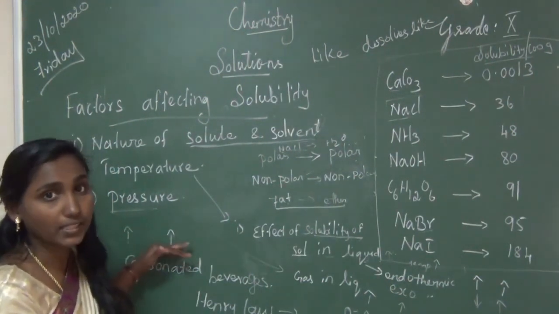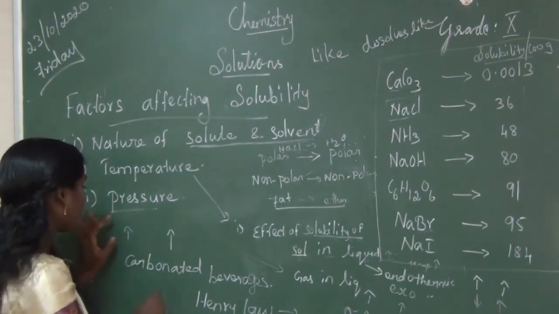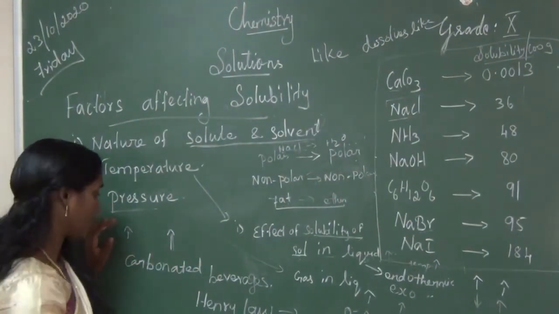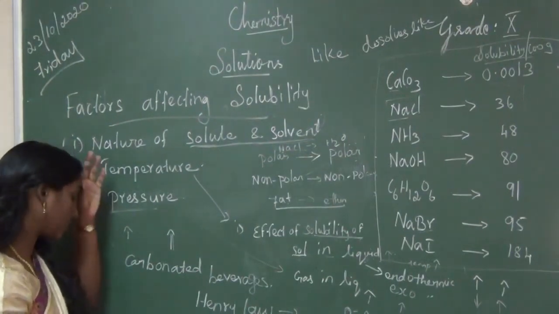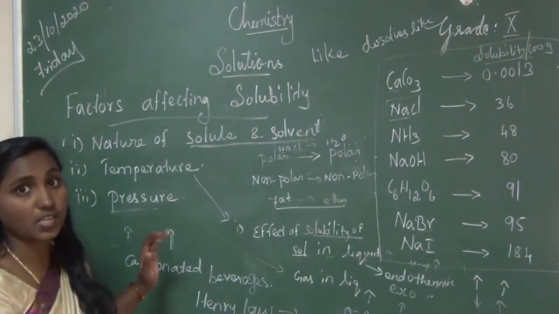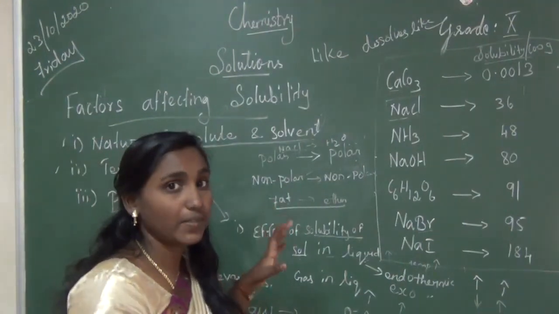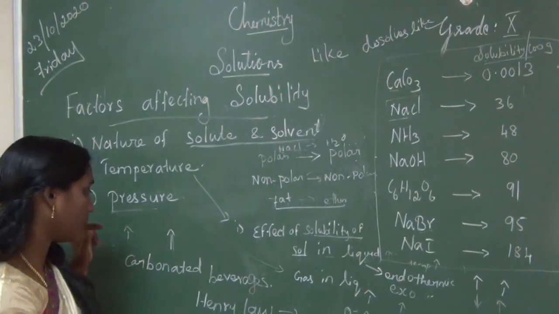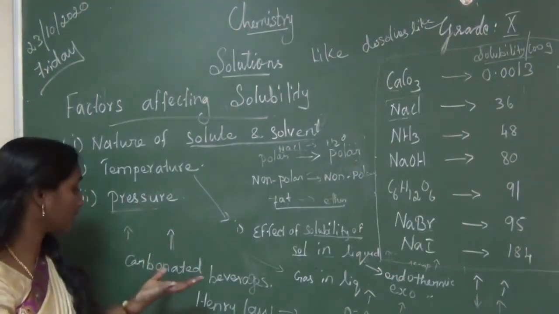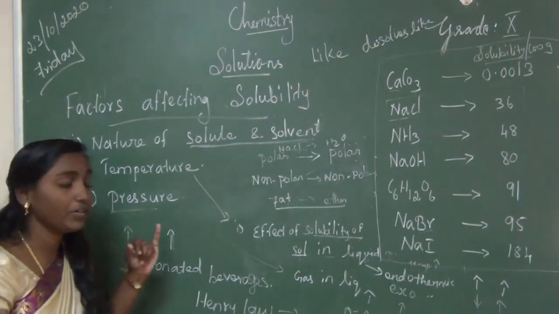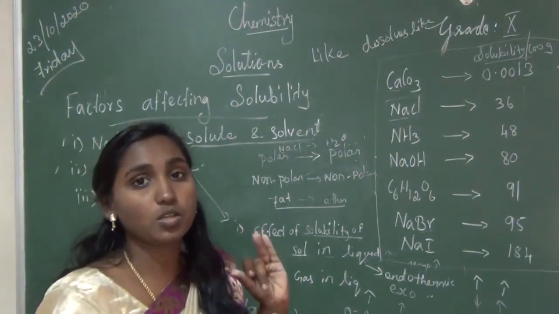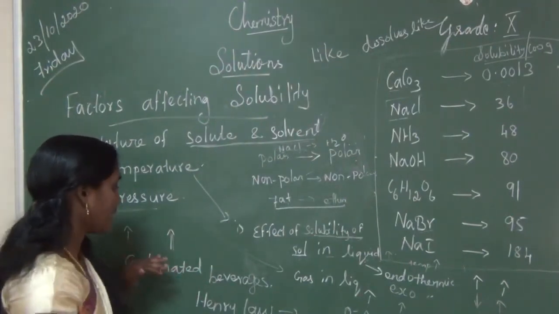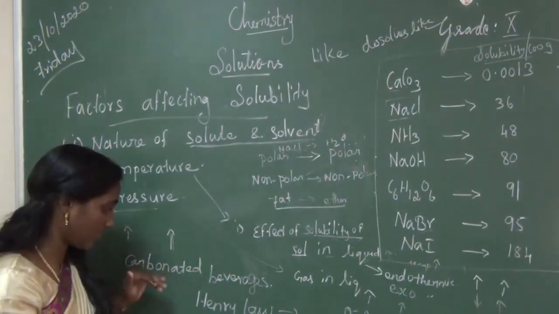An example for effect of pressure is carbonated beverages, such as soft drinks. Then there are house cleaning things, that means ammonia and formalin, an aqueous solution of formaldehyde, which we use to clean homes.